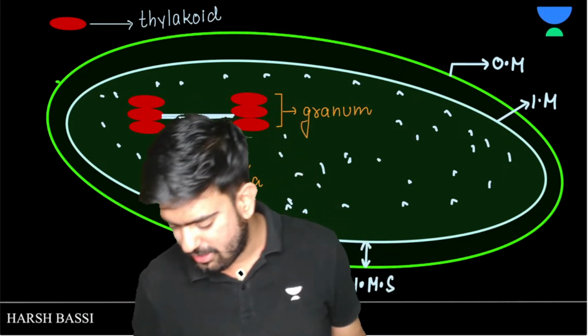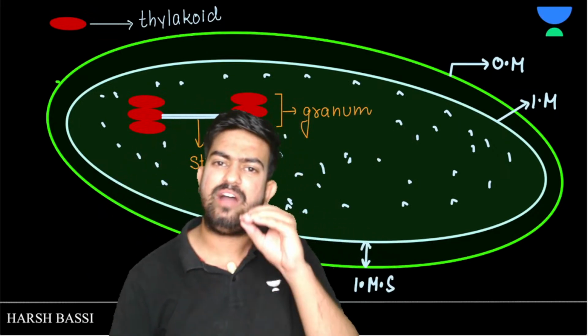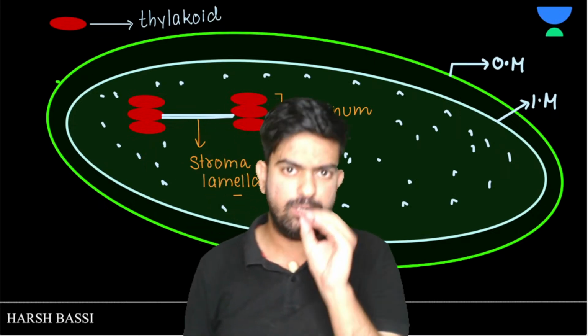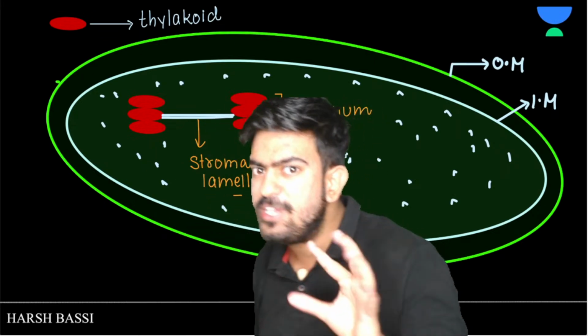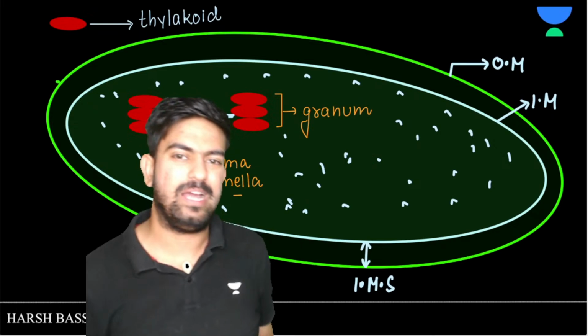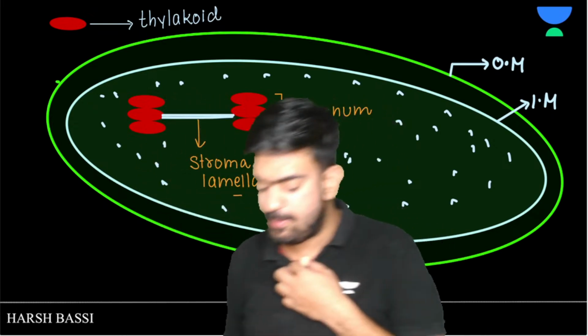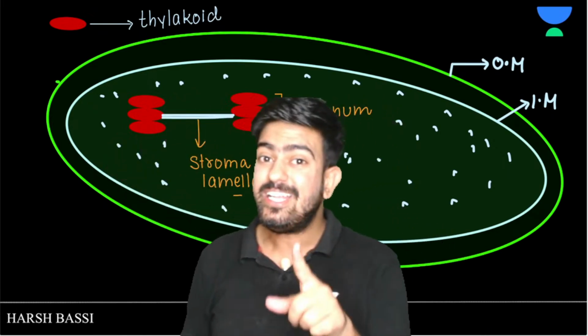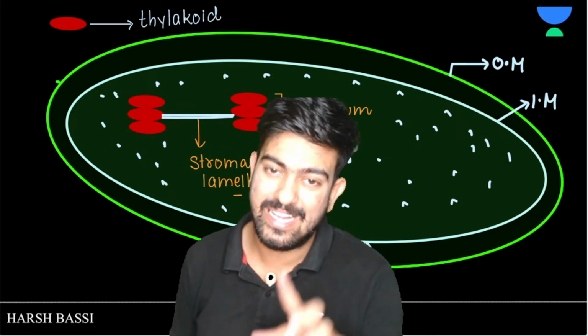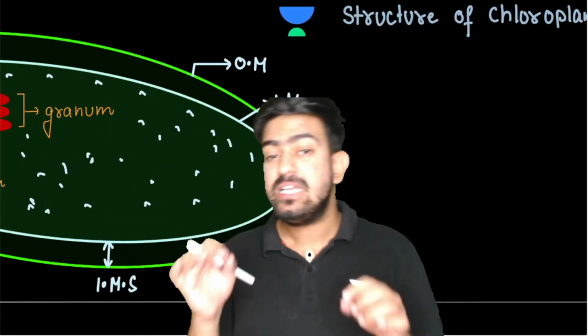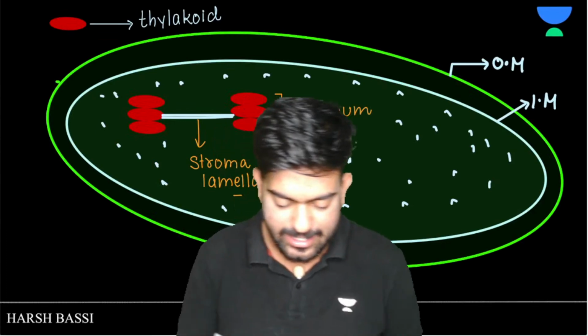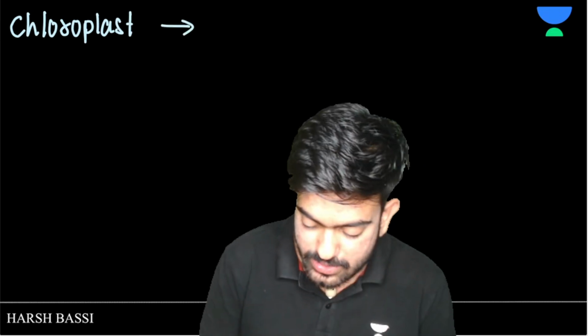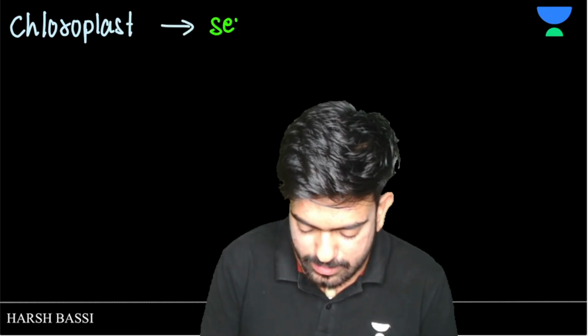One more thing, I am going to ask you a very basic question. What is the special character of chloroplast? It contains its own DNA, yes or no? It is a semi-autonomous cell organelle. Sir, what is this semi-autonomous?